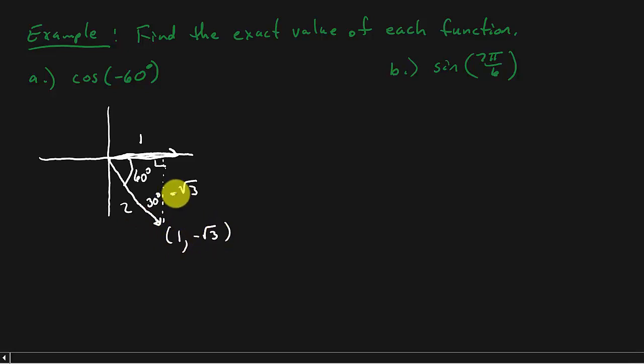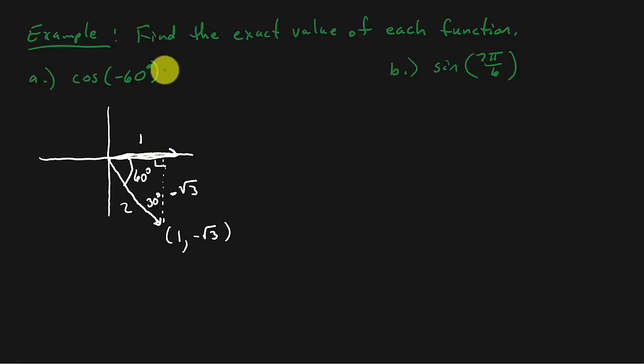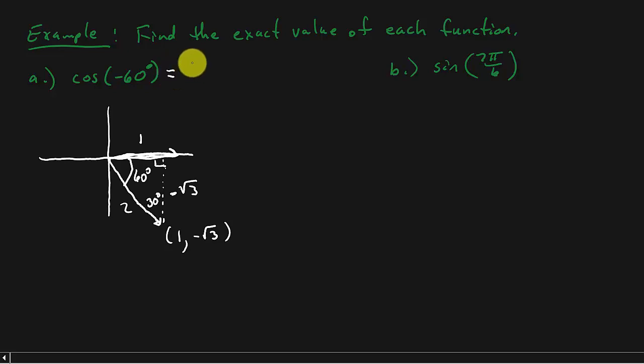It would be negative because we went to the right one on the x-axis, so that one's positive, but then we went down, so that's negative square root of 3. And we're looking for cosine. Cosine is what? X over r. So x is 1, and r is 2, and so we get 1/2 as our answer.